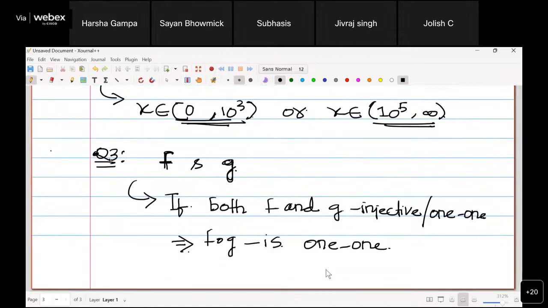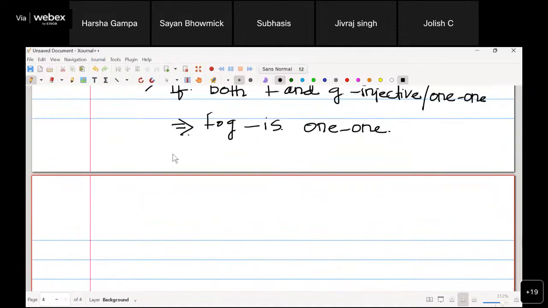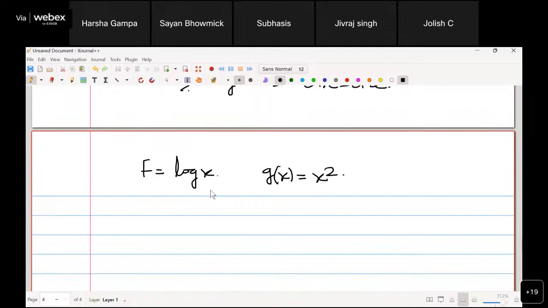For example, it's quite easy to see. Take the log function. Suppose f is log of x, and let's say g of x is x square. Then if you compose, what do you get? What is f compose g?